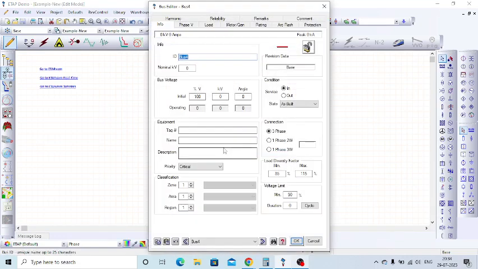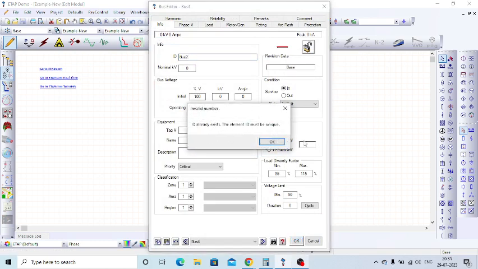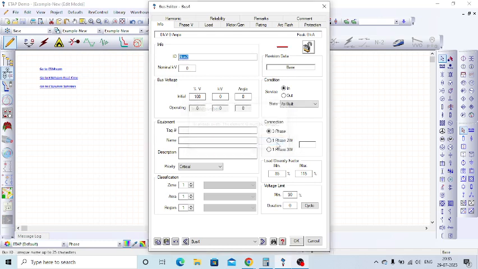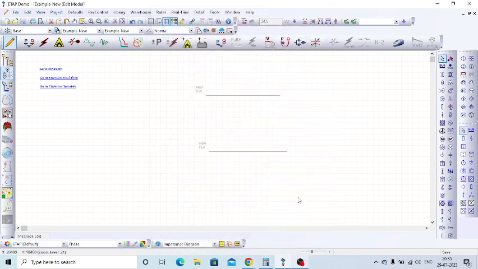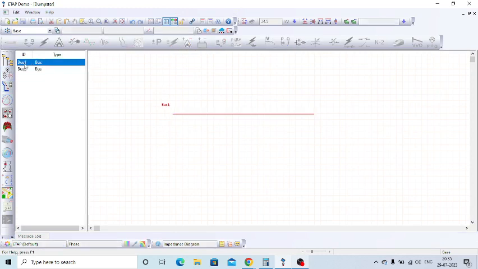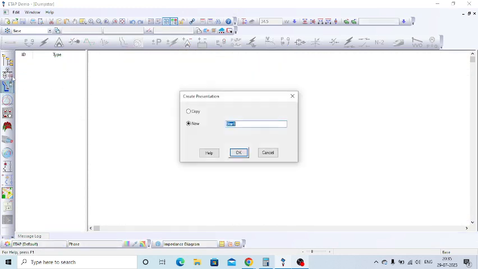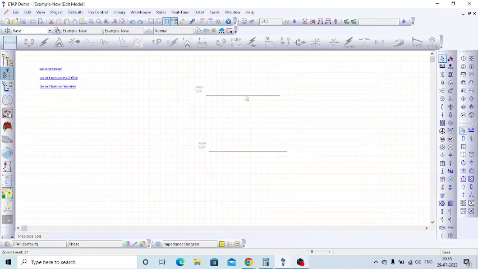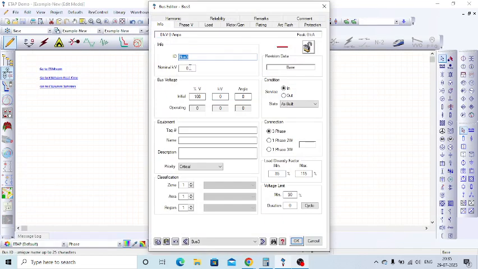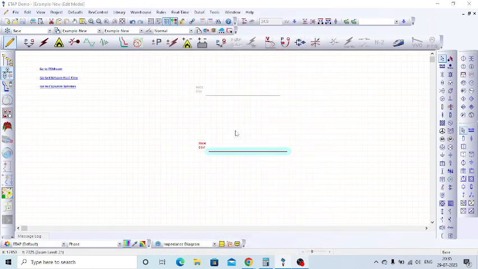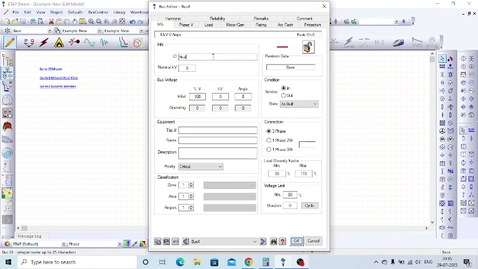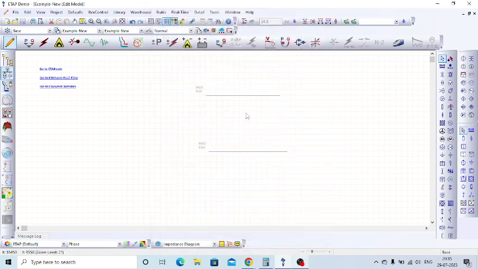If I need to change this bus number to 2, the system will not allow it because that ID already exists. In order to continue the IDs continuously, we have to delete the elements in the dumpster. With that, now we can change it to bus number 1, and this could be bus number 2.